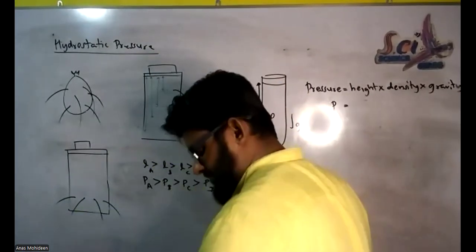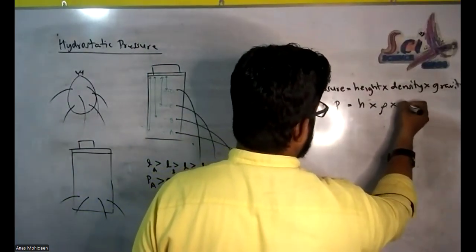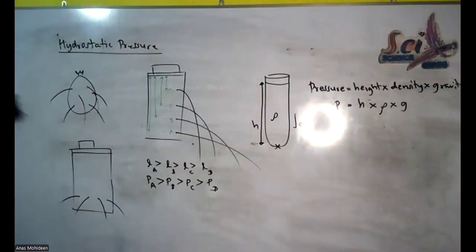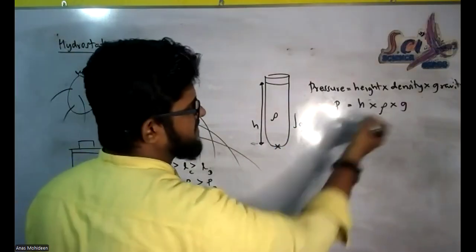So P equals H into rho into G. Right, so you see P equals H rho G.